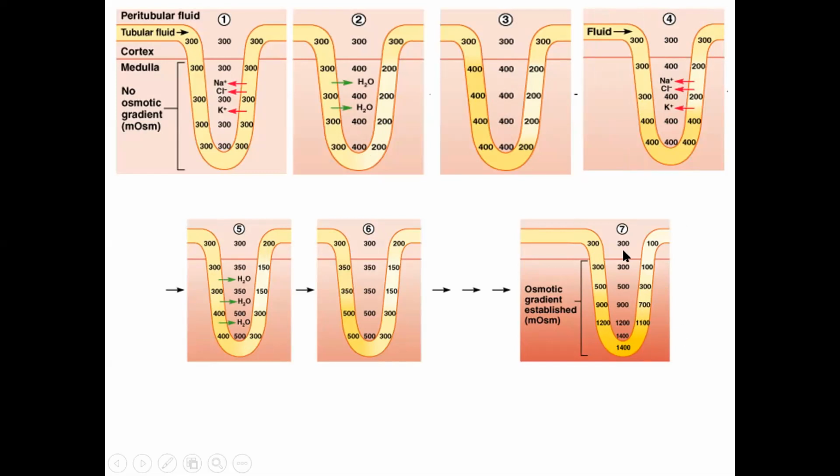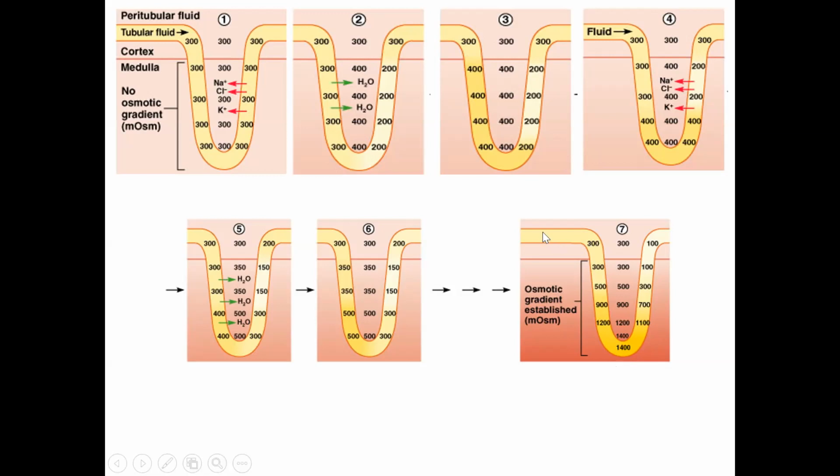That means this movement has reached the equilibrium. The ions moving out, water moving out, and the filtrate movement get to the point where it's stabilized. All right, so at this point, you can see this concentration change.